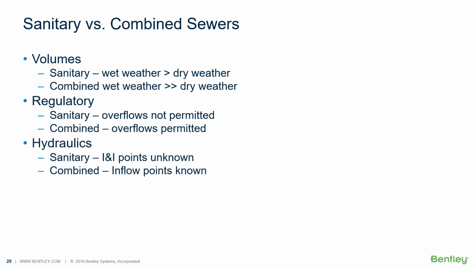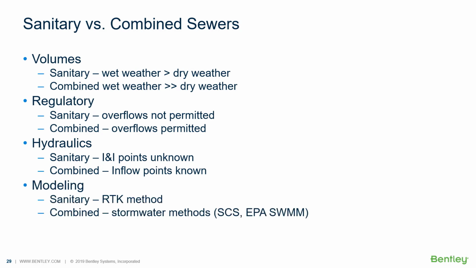And in hydraulics, in sanitary systems, you don't know where the infiltration inflow is coming in. If you did, you could fix it. While in combined sewers, you know where the inflow is coming in. You've got catch basins and inlets, and that's where it goes, in the gutter into the catchment basin. So there's a big difference between these flows that are driven by I&I versus those that are driven by typical hydrology.